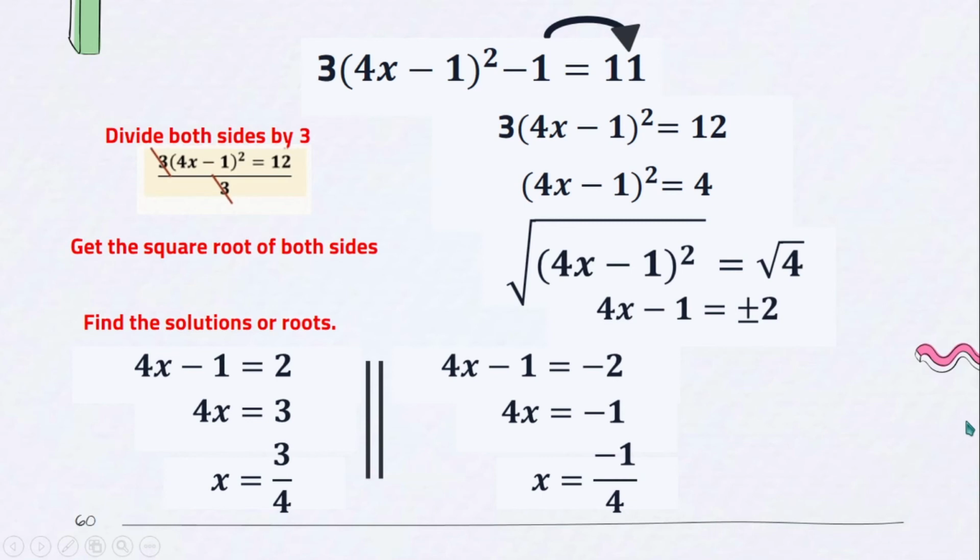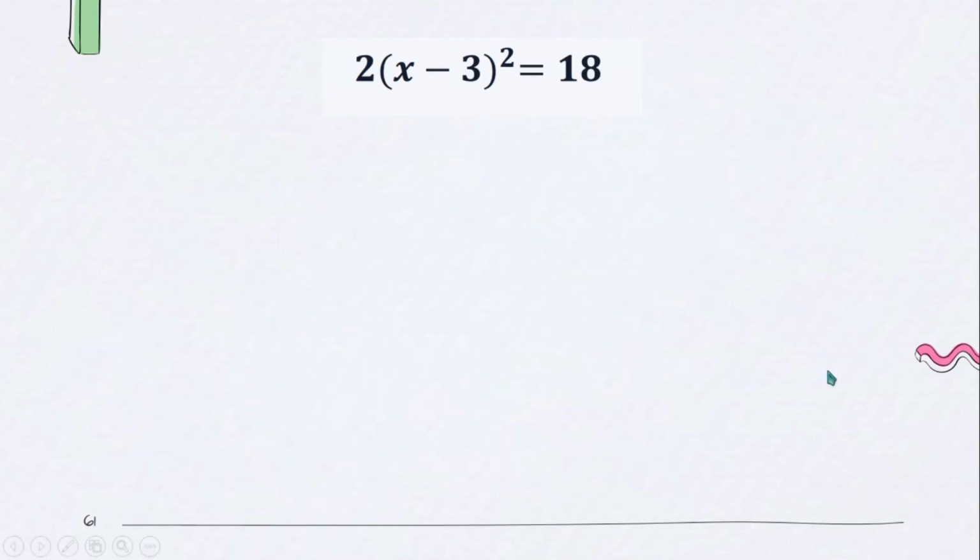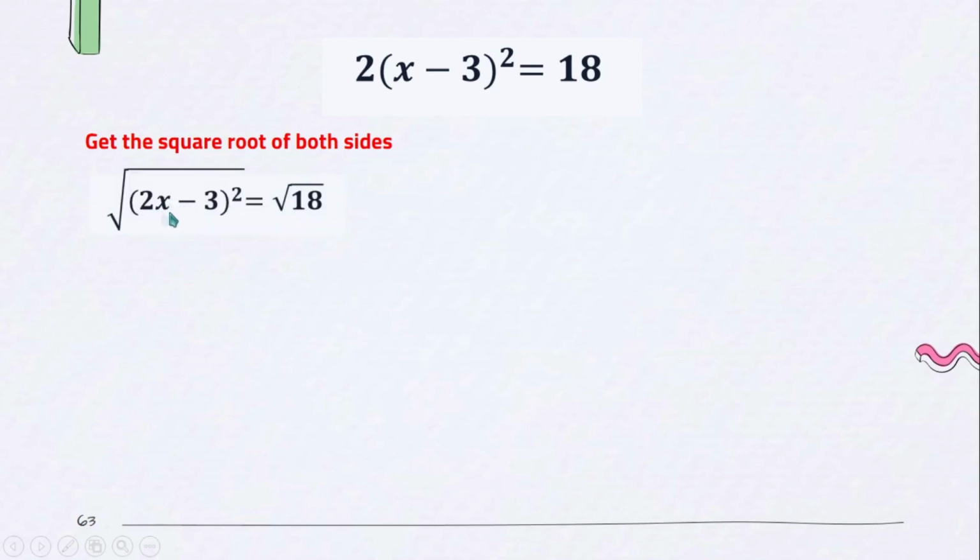Next example. I have here 2 times the quantity of x minus 3 squared is equal to 18. So first, get the square root of both sides. Since we don't have a number outside the parentheses, that means we don't need to divide. So we will now have the square root of the quantity of x minus 3 squared is equal to the square root of 18.